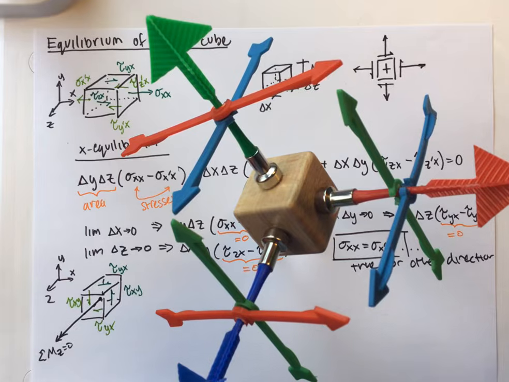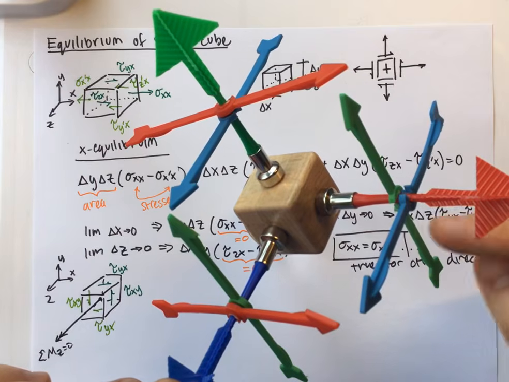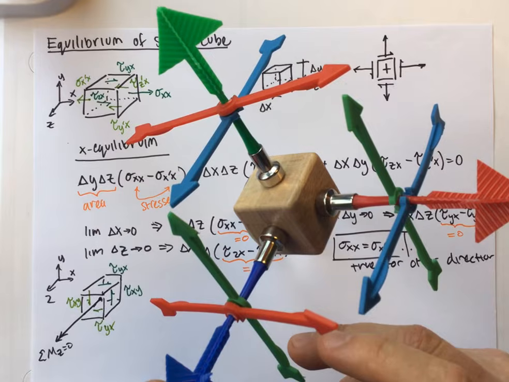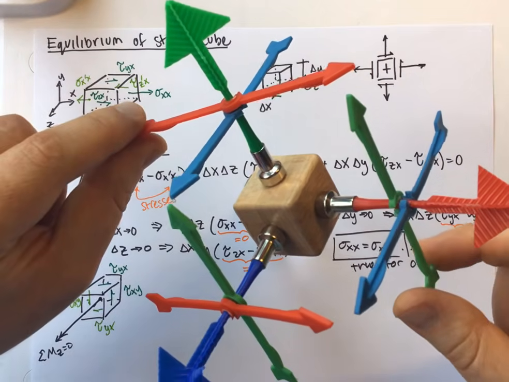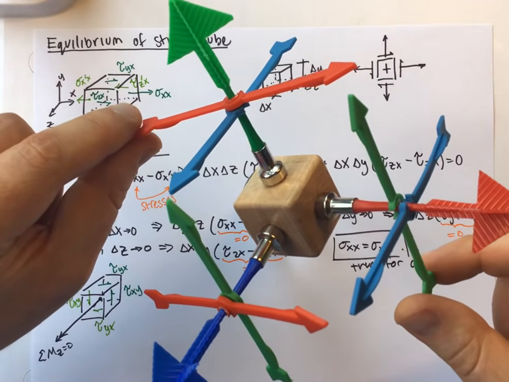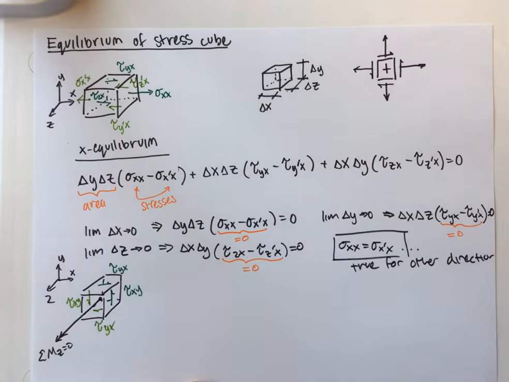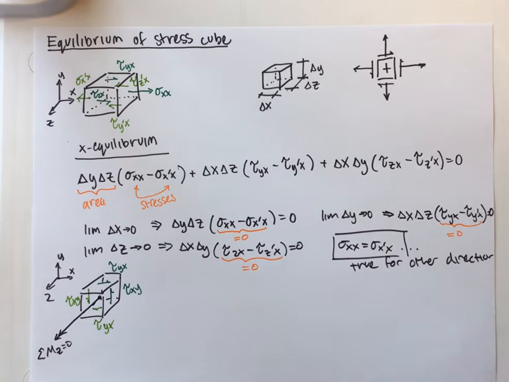And you can also see that the other arrows, the ones that are pointing parallel, are not going to contribute as well, and everything that is about this face as well. So the only arrows that are left that are contributing are going to be these guys here, and that's what we're drawing in our picture. I just wanted to make sure we could see that in our cube as well.